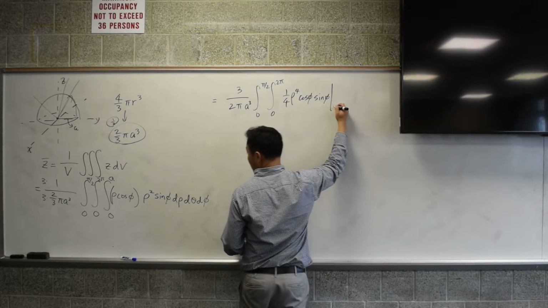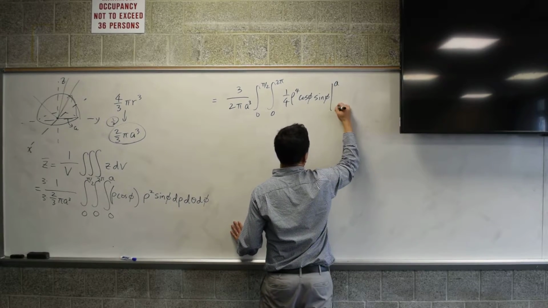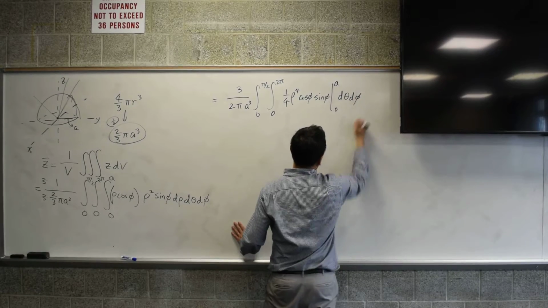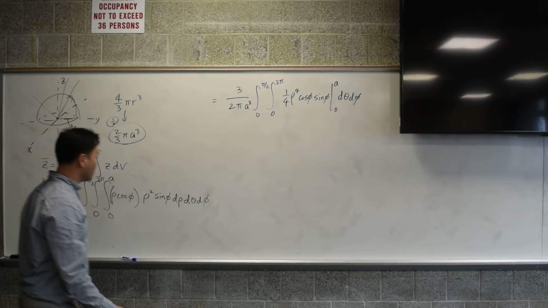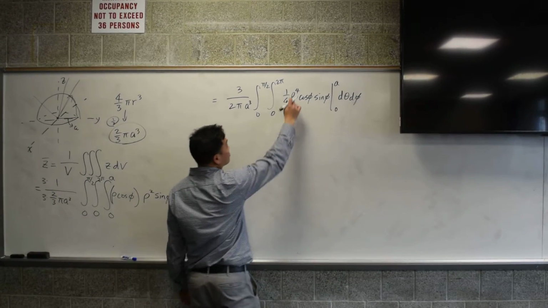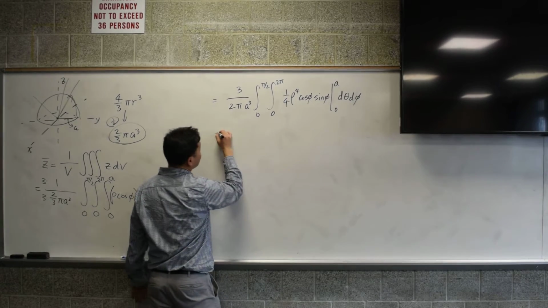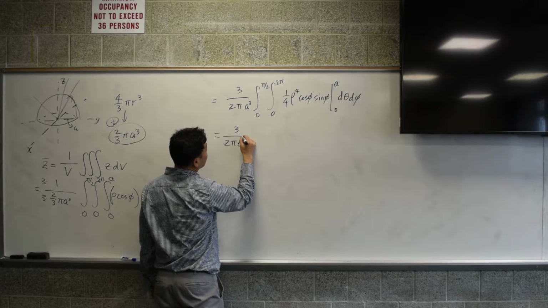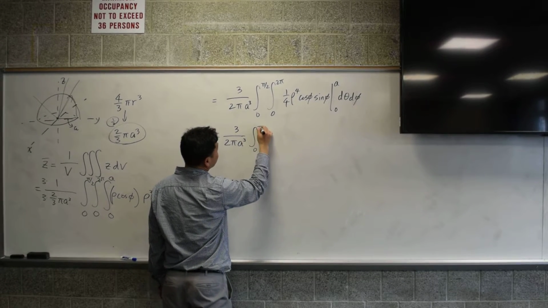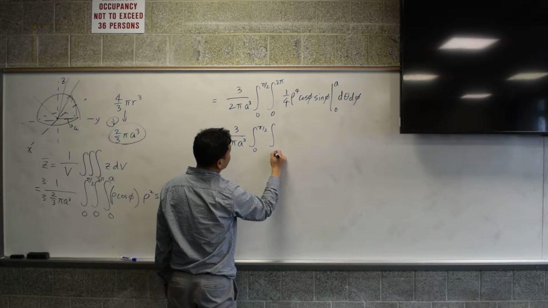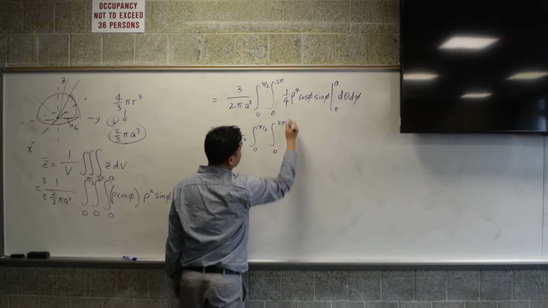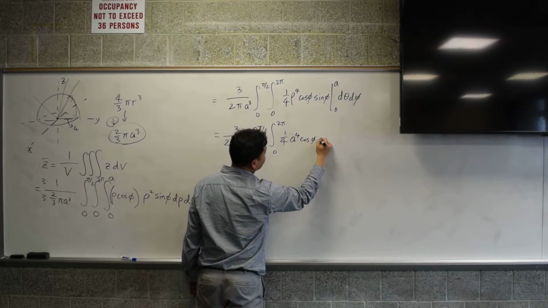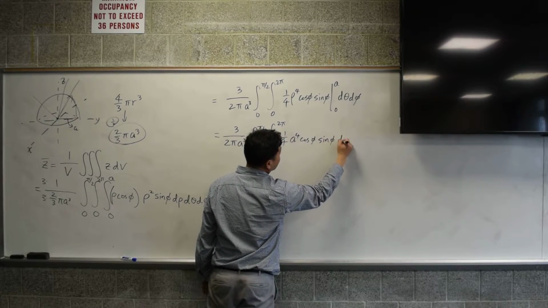And then you plug in a and 0, d theta, d phi. When a goes into rho to the 4th, you get a to the 4th, right? So you get 0 to pi over 2, 0 to 2 pi, 1/4 of a to the 4th cosine phi, sine phi, d theta, d phi.